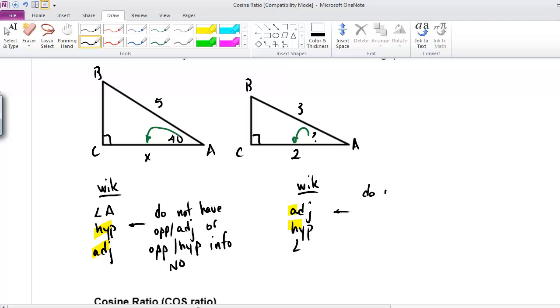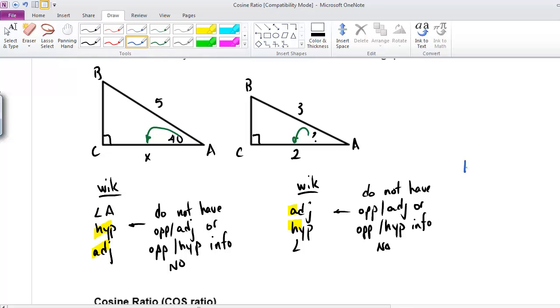So we do not have opposite adjacent or opposite hypotenuse information. So no.